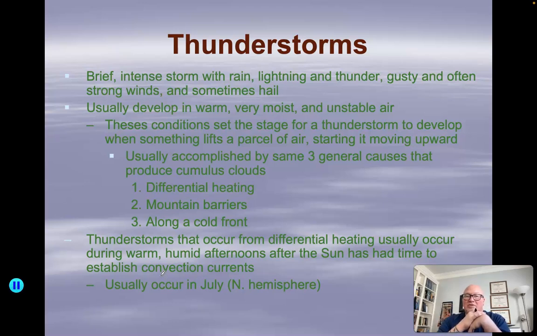Differential heating occurs during warm, humid afternoons where the sun has had time to establish some convection currents. And remember, warm air holds a lot more moisture than cold air. So when that large, warm air mass cools off, all that moisture has to go someplace.